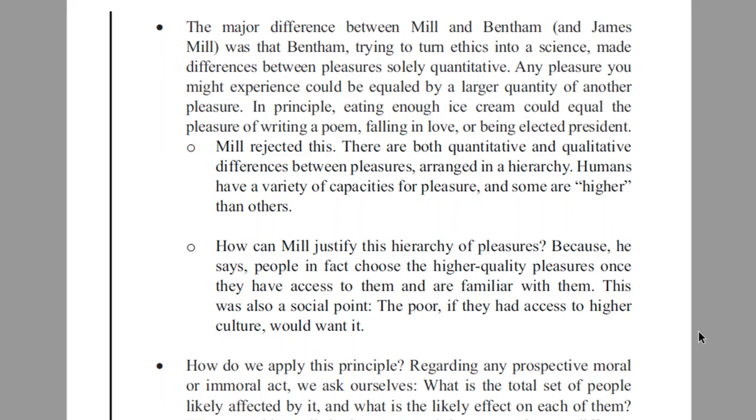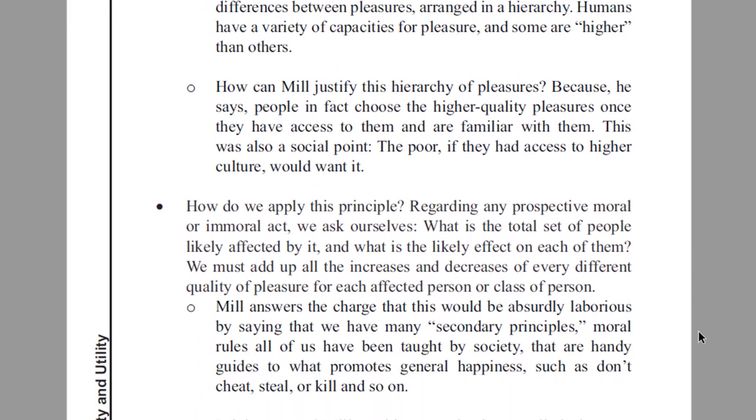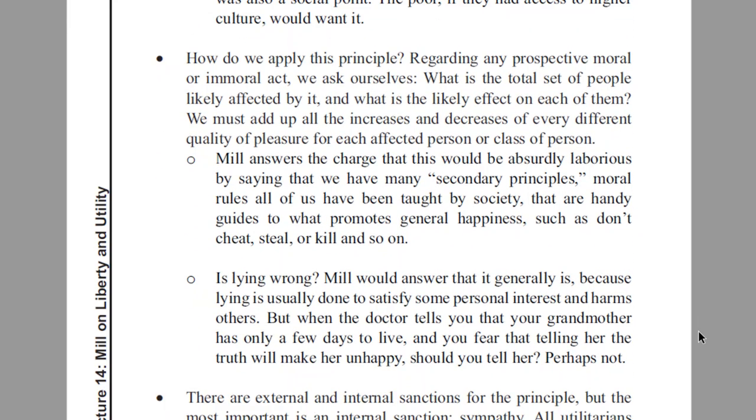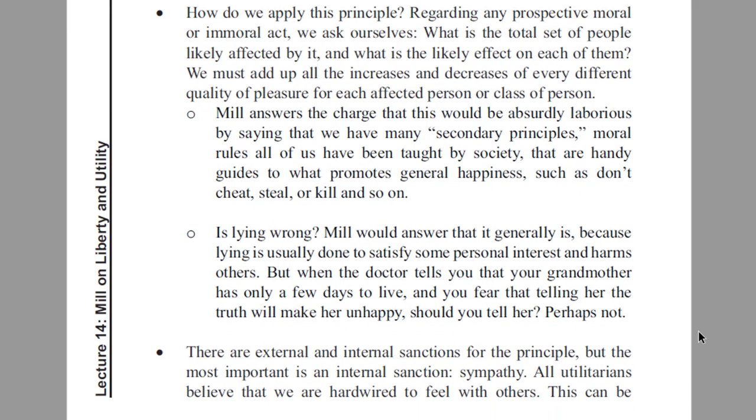How do we apply this principle regarding any prospective moral or immoral act? We ask ourselves, what is the total set of people likely affected by it, and how are they likely to be affected? We must add up all the increases and decreases of every different quality of pleasure for each affected person or class of person.